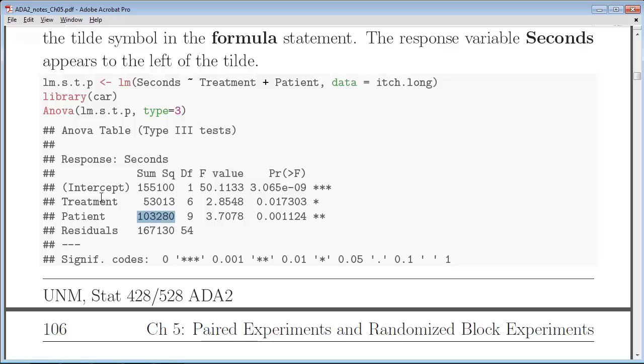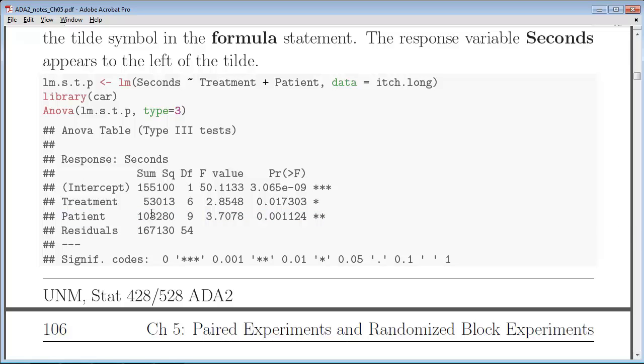Typically, the order that these variables go in is not in a particular order, and so sequential sums of squares or type 1 sums of squares is not important for us. So we will always use type 3 because we are interested in the effect of one factor conditional on everything else being in the model, regardless of the order from top to bottom that they are in the model.